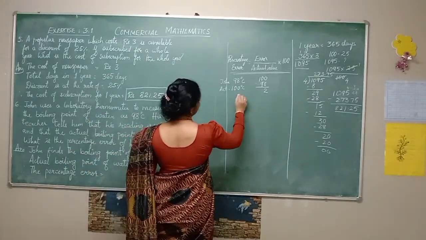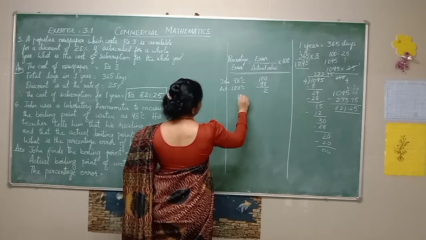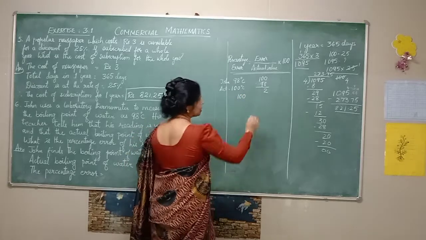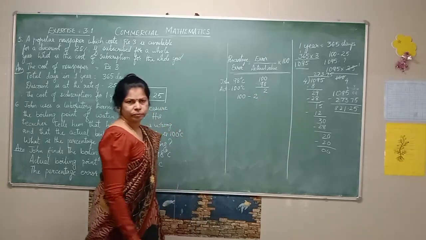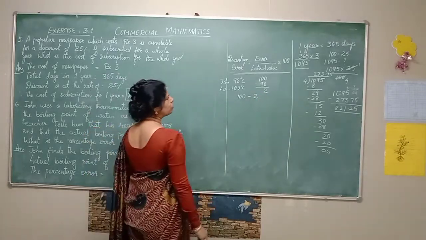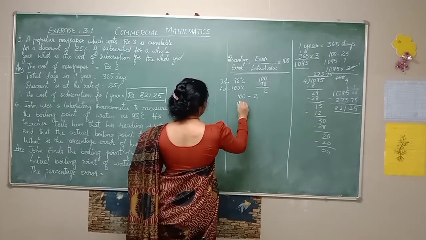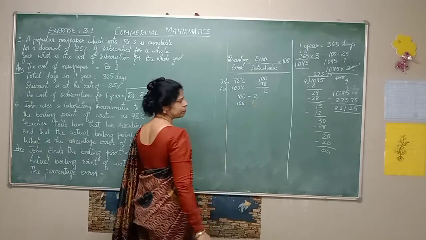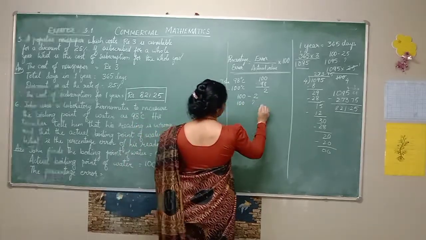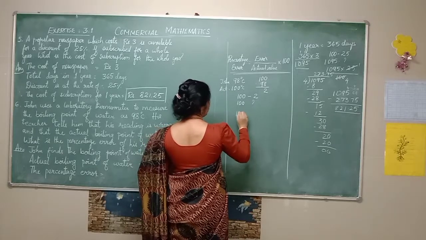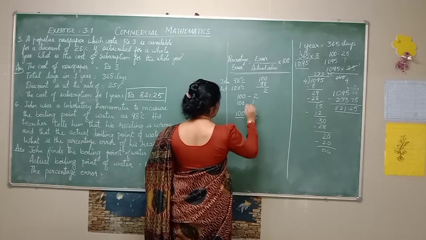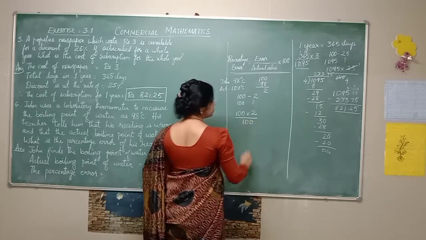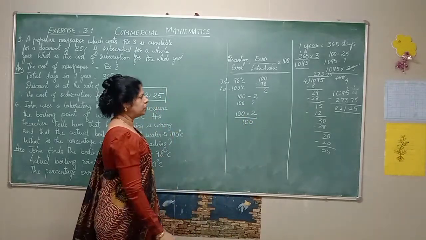So you see, for 100 degrees he has got an error of 2. Then for 100, how much is it? So what you have to do here is 100 into 2 by 100.